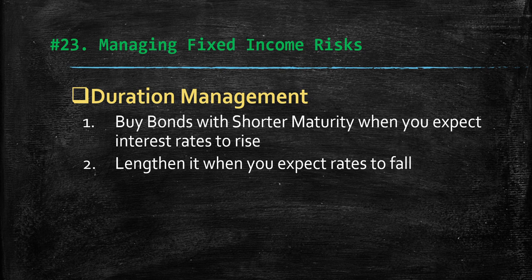So when interest rates rise, the value of your bond on the secondary market reduces. When the interest rates drop, the value of your bond on the secondary market increases.